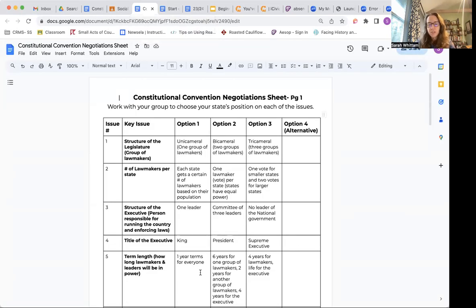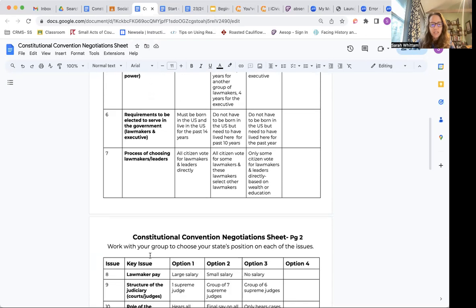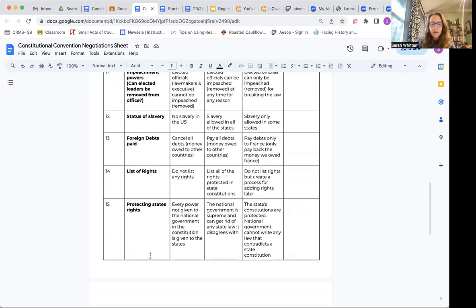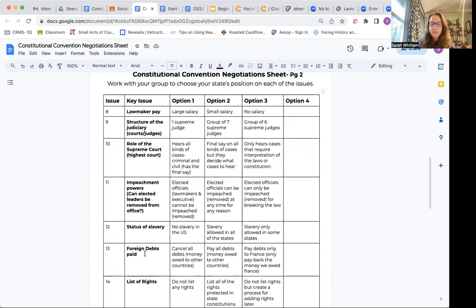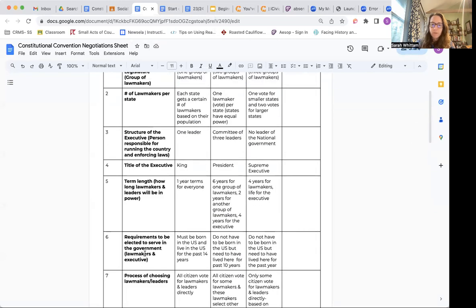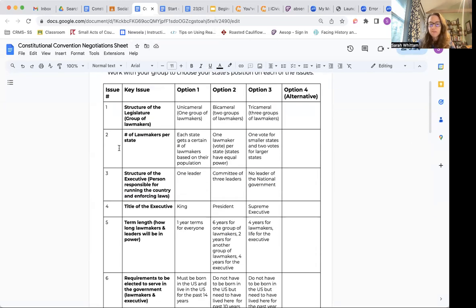So the negotiation sheet is set up so that there are 15 key issues that are going to be decided at the Constitutional Convention. Now, some of these things your state will feel strongly about, right? Like, several states care a lot about the number of lawmakers per state. If you're a small state, having 1 lawmaker per state helps protect your power against bigger states.